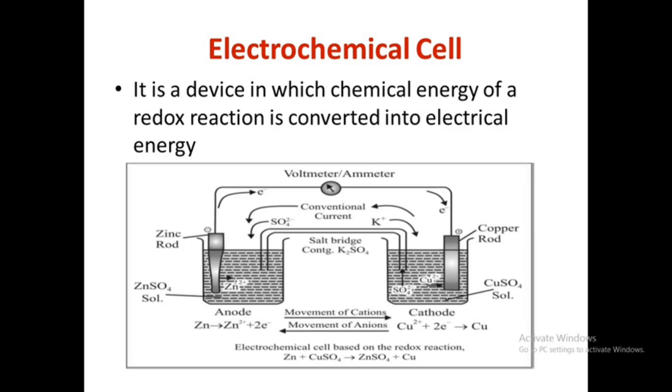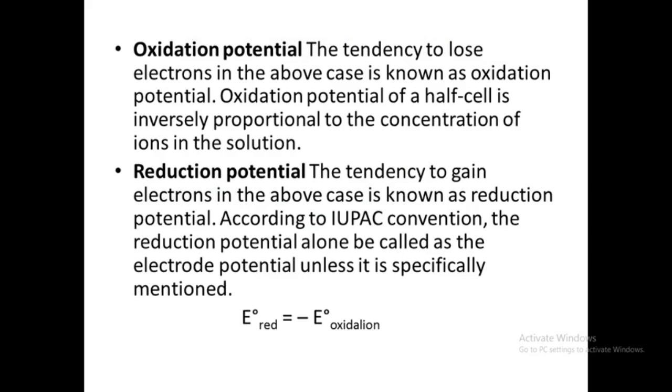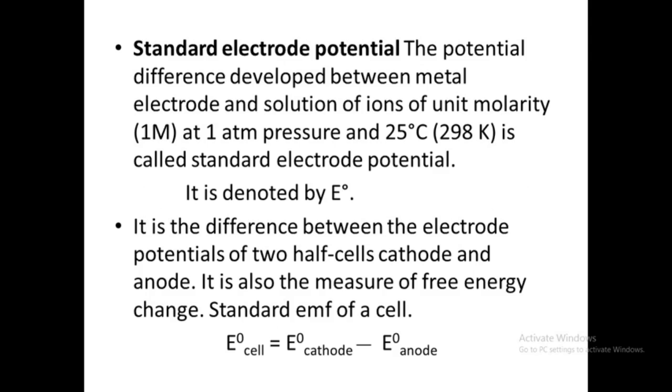That means when all the species present in a half cell have unit concentration, that means the concentration is 1, under standard conditions, that means the pressure is 1 bar and the temperature is 298 Kelvin, then the potential developed is known as standard electrode potential. And to represent the standard electrode potential, the symbol naught is used on E, that means E naught.